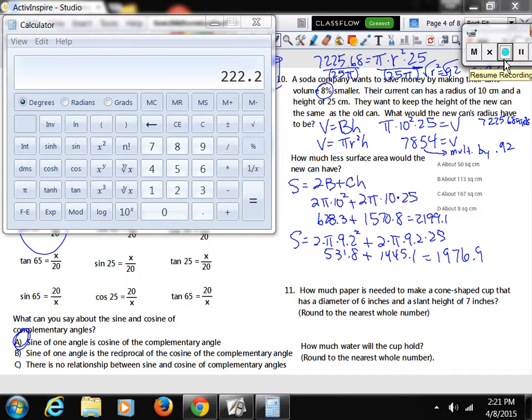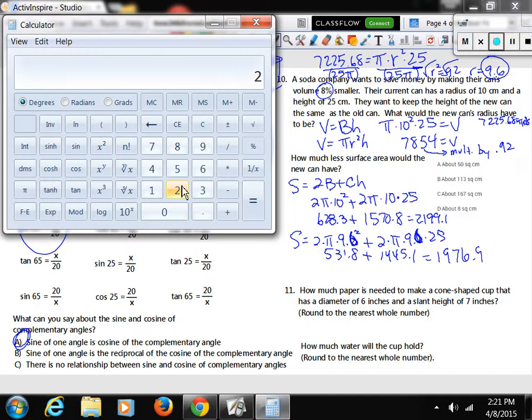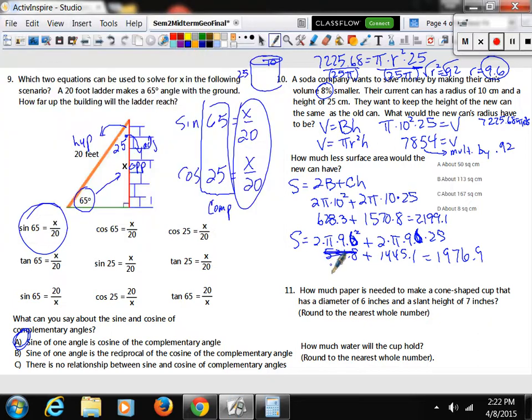All right, I found my mistake. 9.6 was our new radius, and I put in 9.2, so I need to change that to a 6. So now let me try 2 times pi times 9.6 times 9.6. We're going to get 579.1.